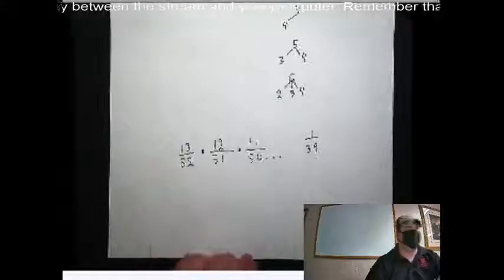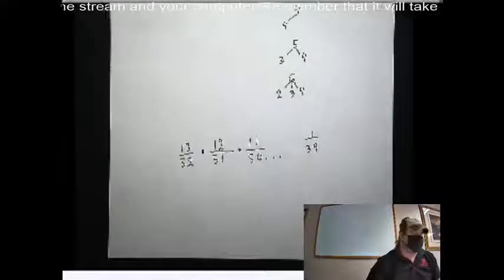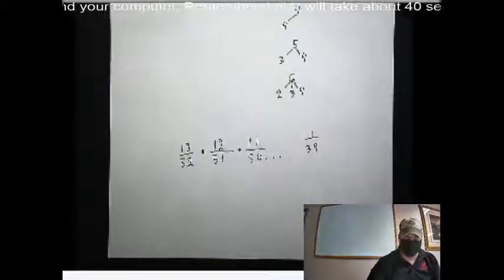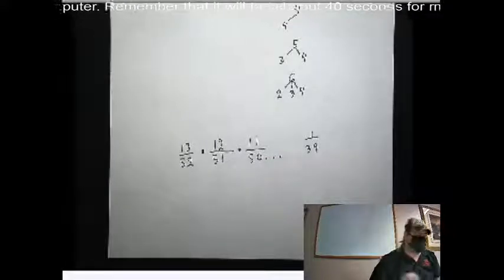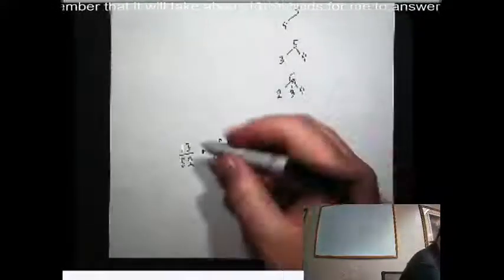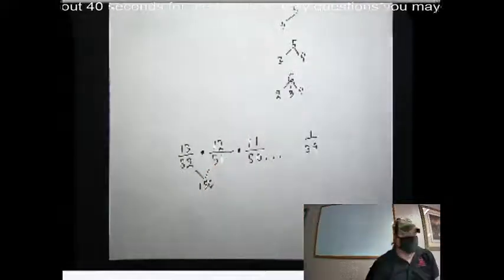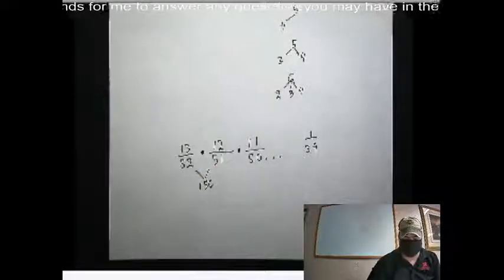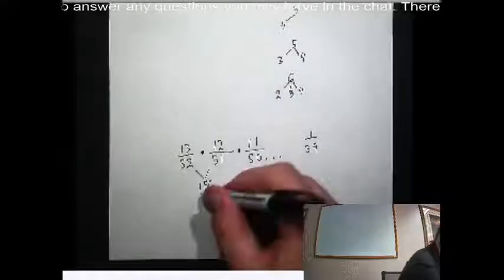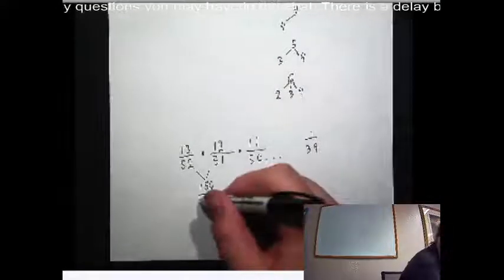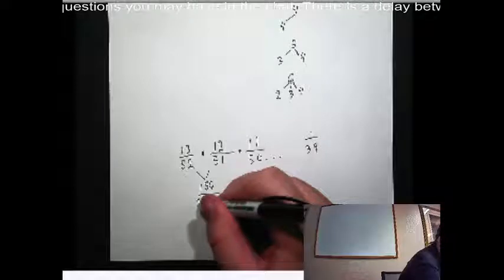What about the second time? Well, that'd be 13 times 12, that's 156, out of 52 times 51, that's already pretty big, 2,652.